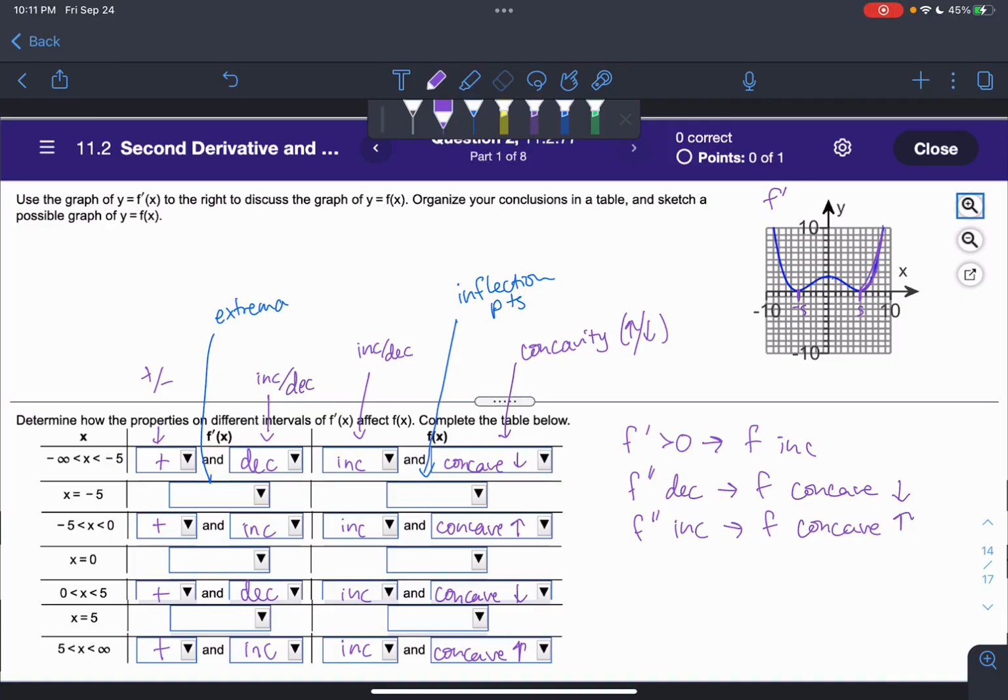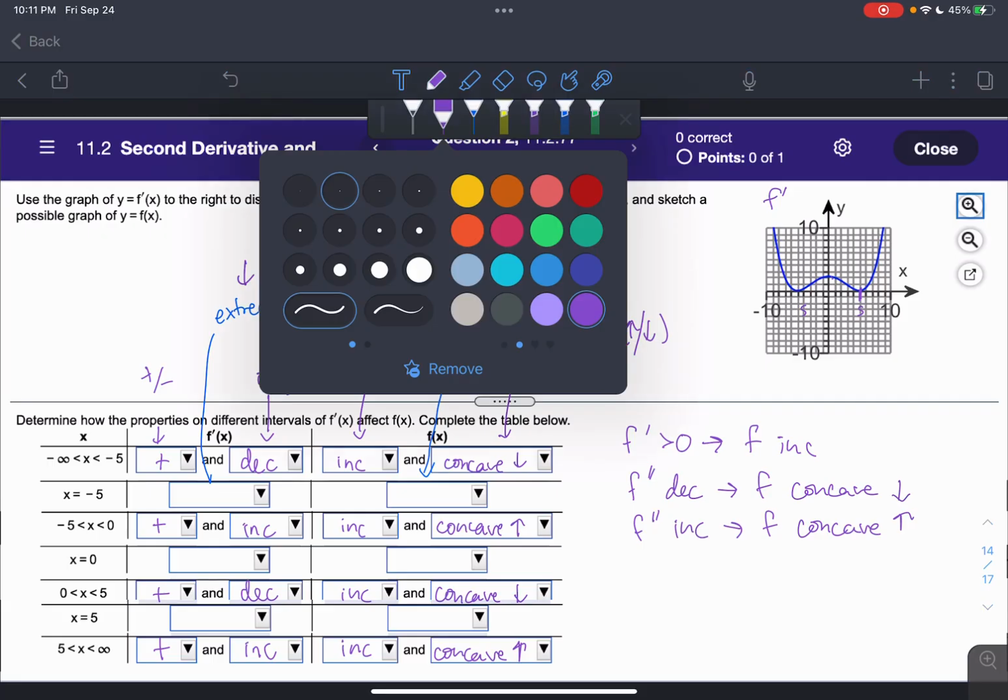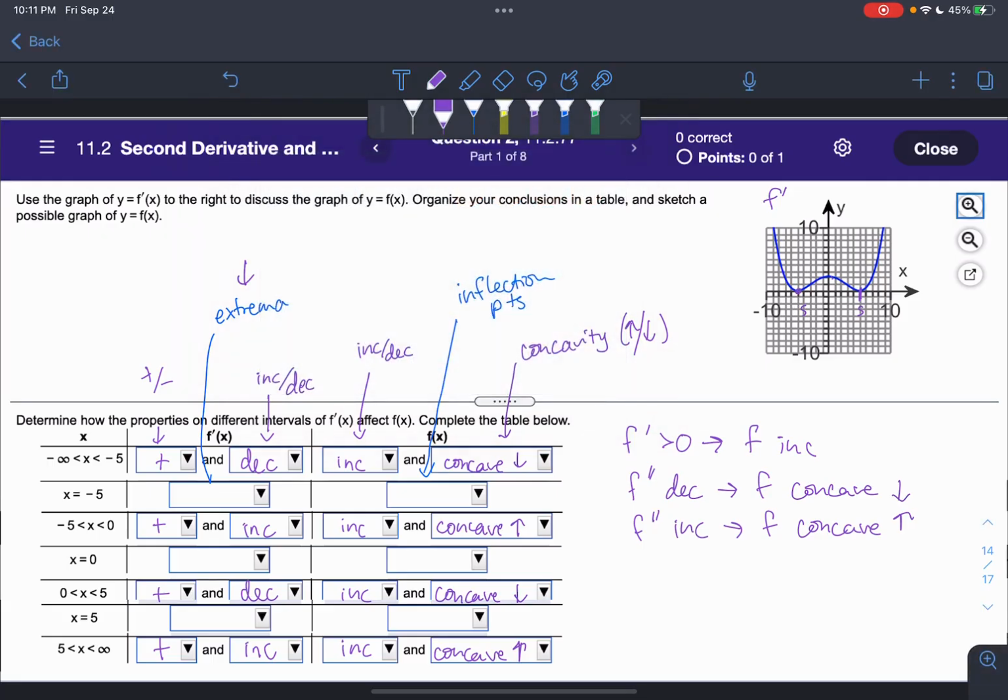Okay, so let's answer our last blanks. For this first column, we want to know what the extrema of f prime is. So at x equals -5, -5 is a local minimum, right? Local minimum of f prime.